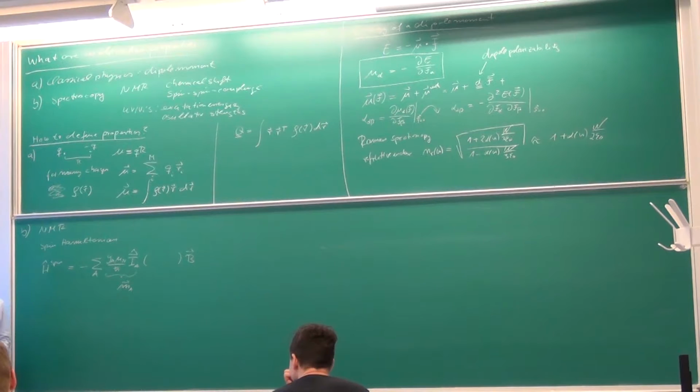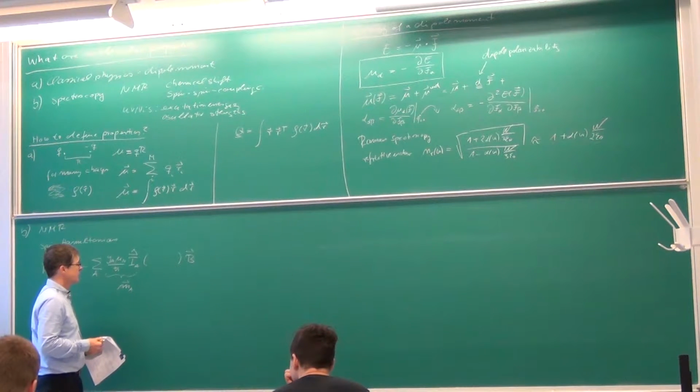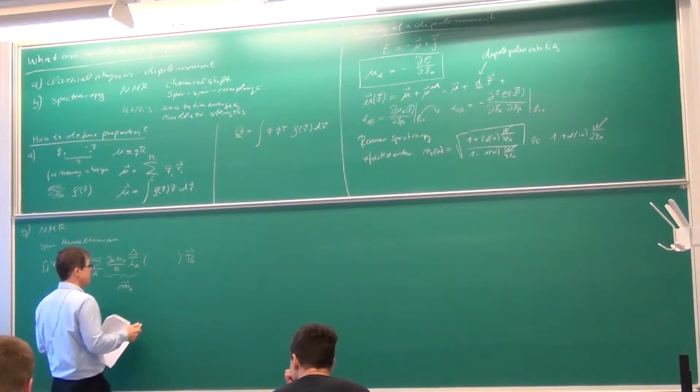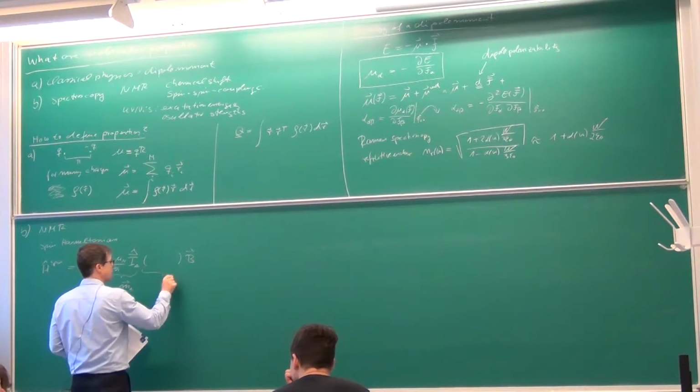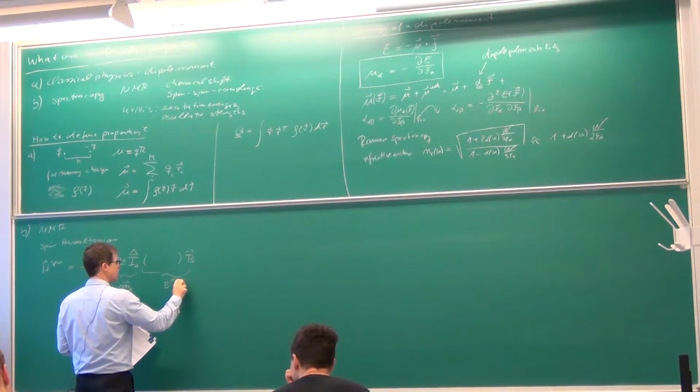But obviously there are electrons and there are other nuclei in the molecule. So this expression is modified, because what we really have to look at is the local field at the position of that nucleus.